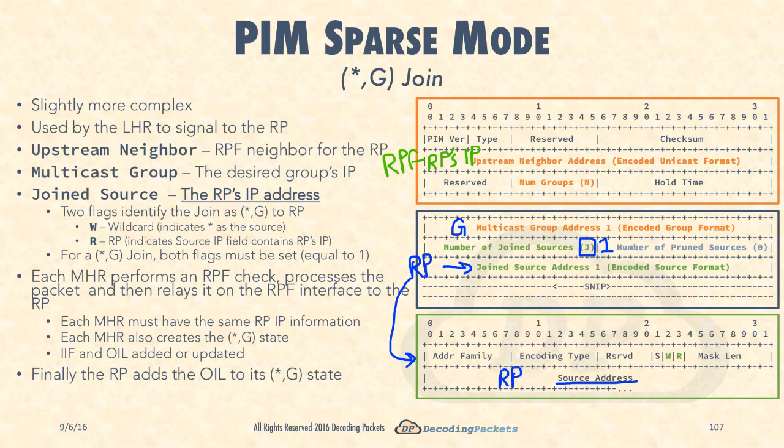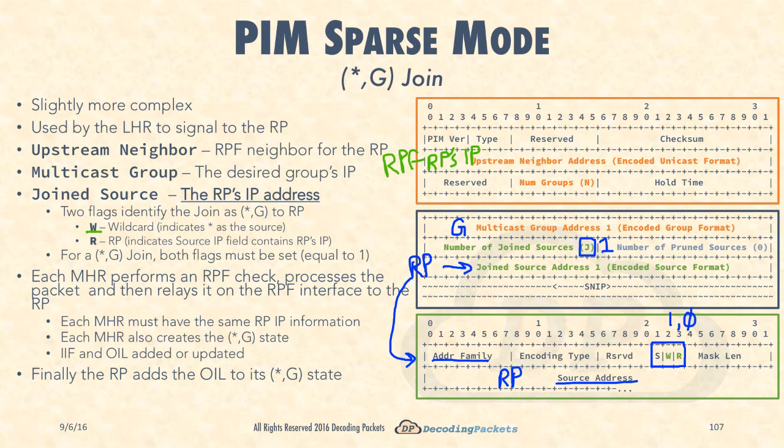The address family then happens to be IPv4. Forgetting about the other things, there are 3 specific flags in here. These 3 flags are just single bits, and when they are set, they are 1. When they are unset, they happen to be 0. The 2 flags that are going to be set for a star,G message, and really those flags distinguish the S,G message from the star,G message, are the wildcard flag.